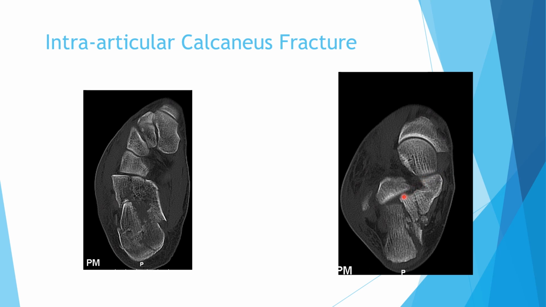This is the sustentacular side, which is sometimes called the constant side because it doesn't move that much; you can see it kept its relation with the talus. And here is the broadening, the widening that happened in the heel, and the shortening.